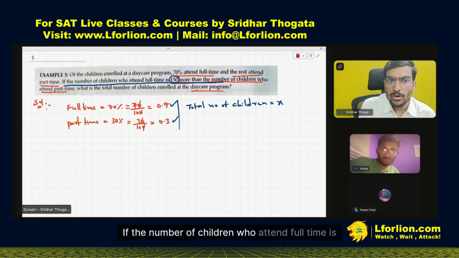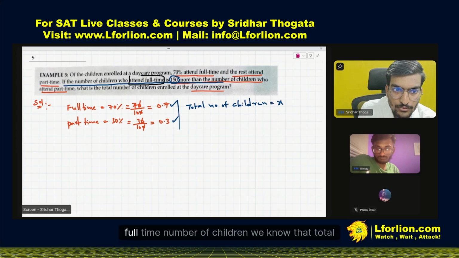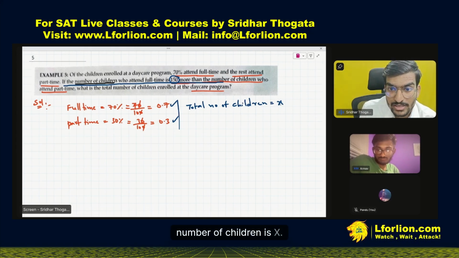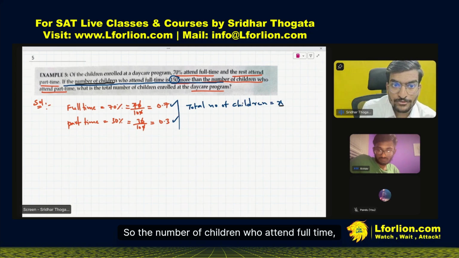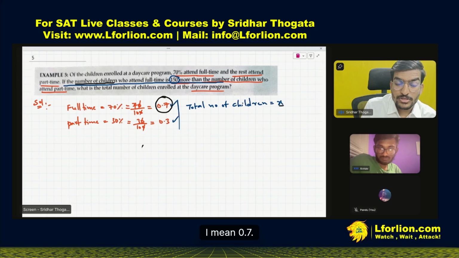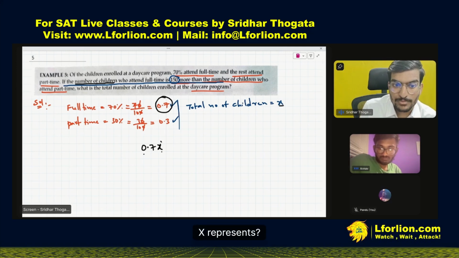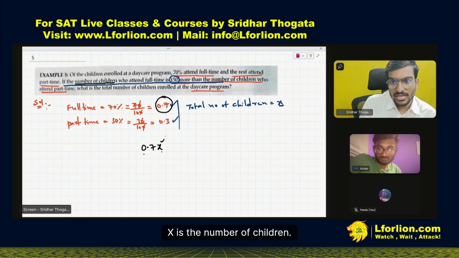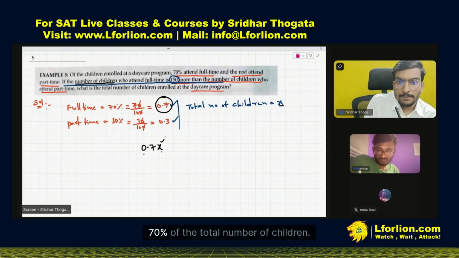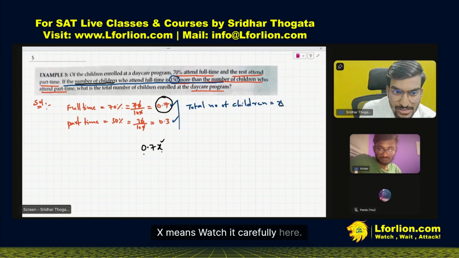If the number of children who attend full time, we know that the total number of children is x. So the number of children who attend full time is 0.7x. What does this x represent? X is the number of children. It's 70% of the total number of children. Watch it carefully.